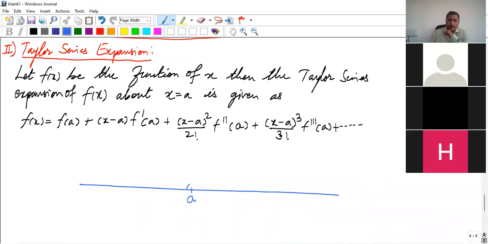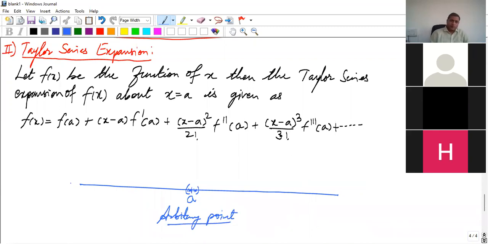So I am finding the difference between x and a. So x can be nearby this point a, and we are finding the difference and then getting the series about this arbitrary point. This is a general point. It can be any point.